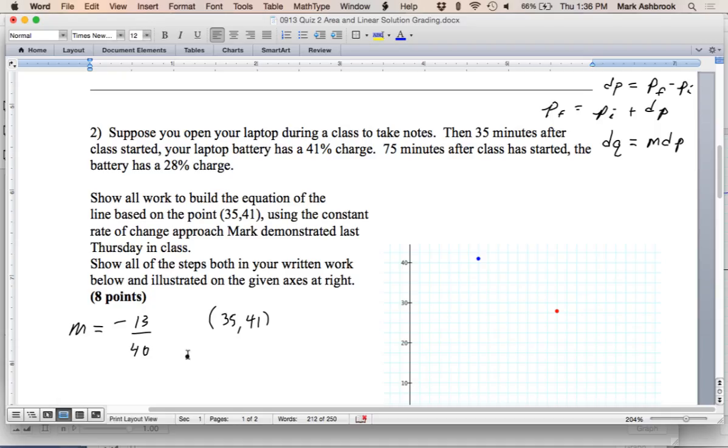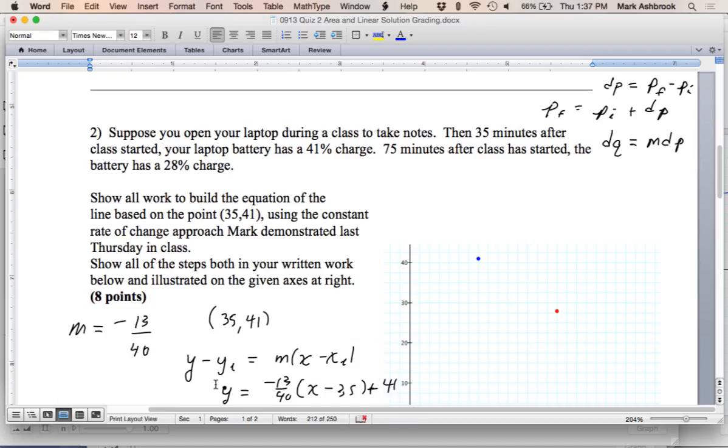And so I know that y minus y1 equals m times x minus x1, and I can put my rate of change there, and I put my point there, and then I can add that point over to the other side, and so I get y equals negative 13 over 40 times (x minus 35) plus 41.